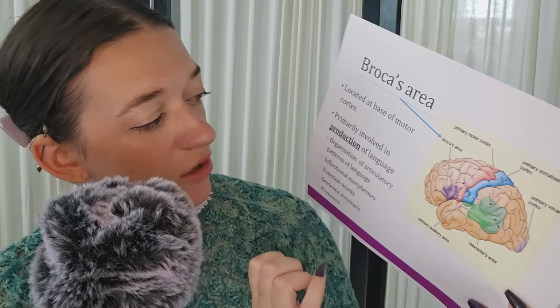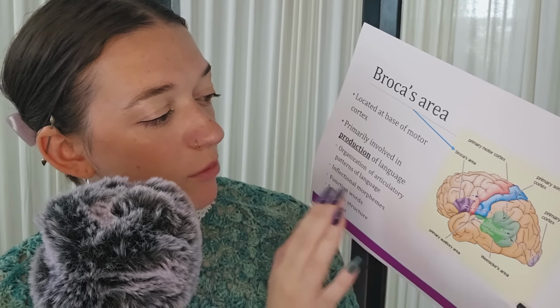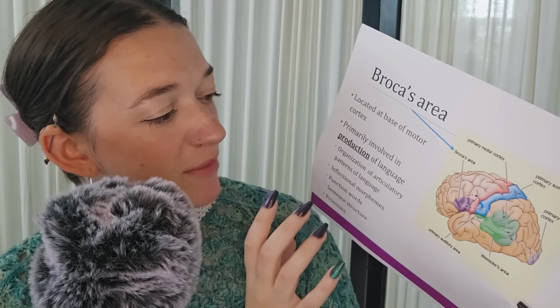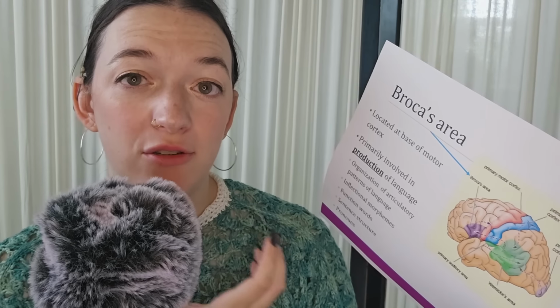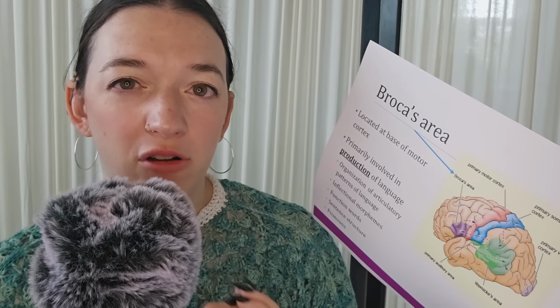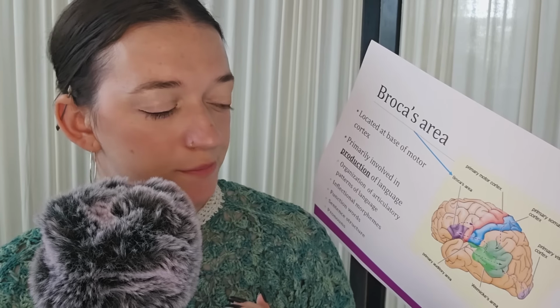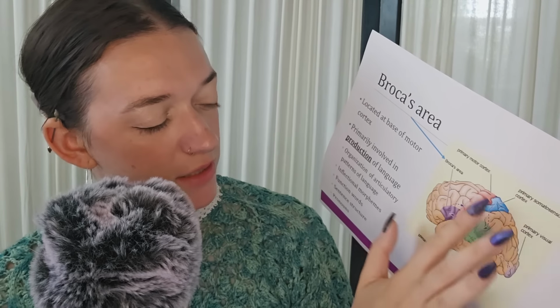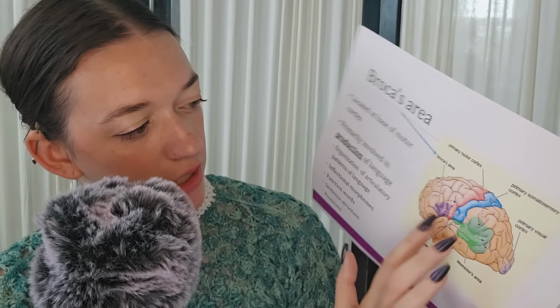So Broca's area is involved in the production of language, and especially things that are not content rich, but that more deep grammatical function of language. It is located right here.